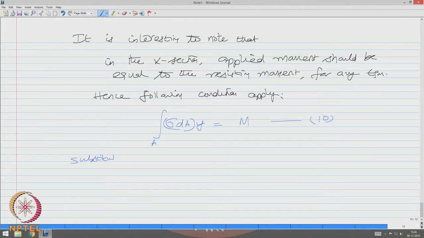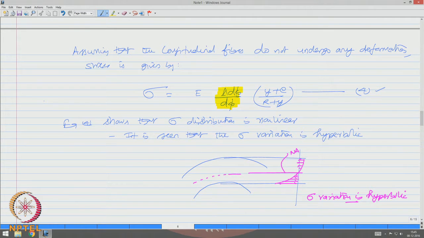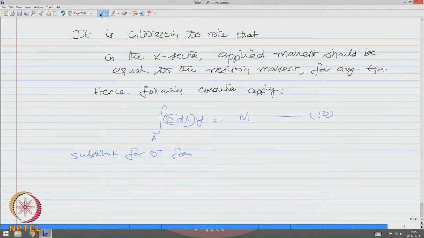Substituting for stress from equation 4, we get E delta d phi by d phi integral of (y plus e) by (r plus y) times y dA over A is M, that is, integral of (y squared plus y e) by (r plus y) dA over A is to be evaluated.